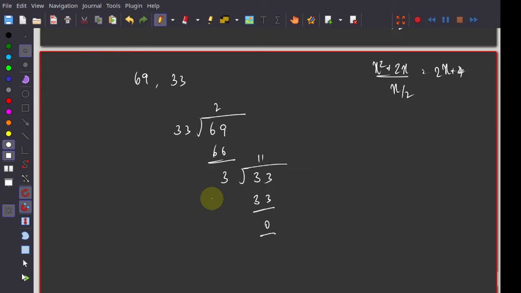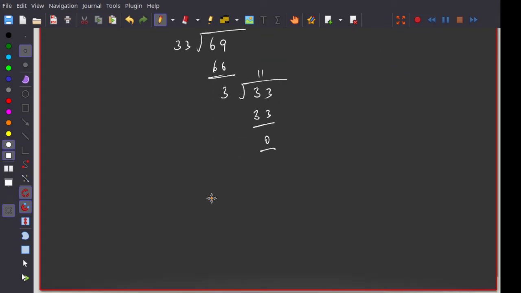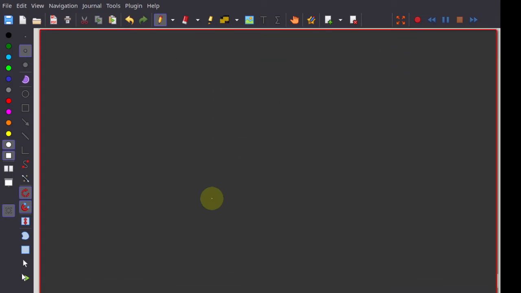Okay. So let's do this for polynomials. Take a of x to be x power 4 plus x square plus x plus 1, and b of x is x cubed plus 1.